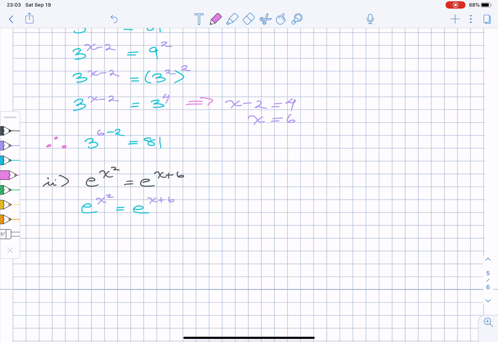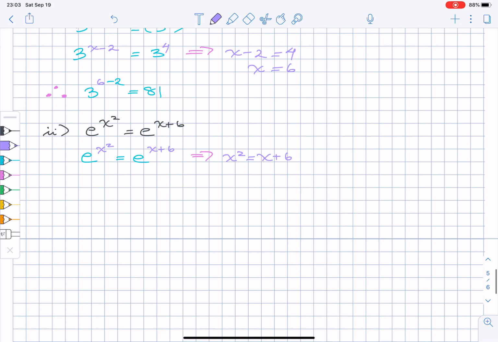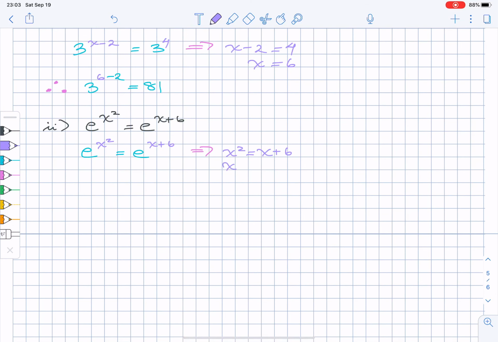Well, right away, since the bases are the same, I can just say x squared is equal to x plus 6. Subtracting x plus 6, I get x squared minus x minus 6 is 0. And now I can factor. So what two integers multiply to negative 6 and add to negative 1? How about negative 3 and positive 2?